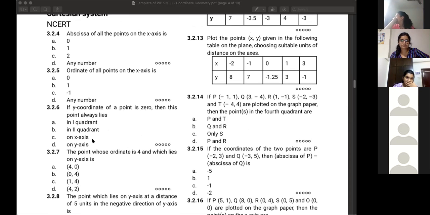Ma'am, on the y-axis. Oh, no, sorry. I'll draw it and help you out. The y coordinate is 0, so it is not moving in the vertical direction. We don't know what the x coordinate is. So where will it be? On the x-axis. Correct.